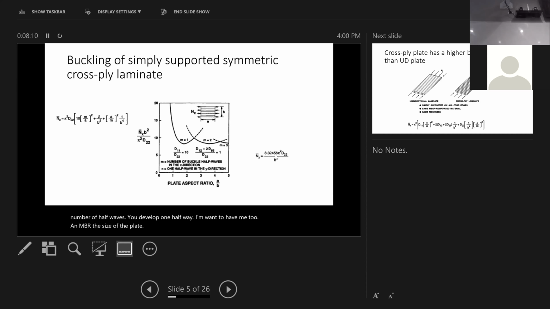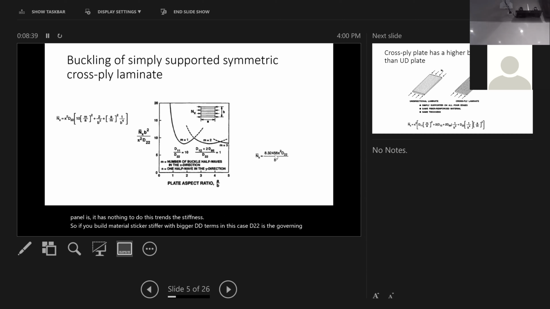You can see for plate buckling, the solution is kind of similar to the Euler equation for columns. Basically, the buckling only depends on how stiff the panel is. It has nothing to do with the strength. So if you build a material thicker, stiffer with bigger D terms, in this case D22 is the governing term.